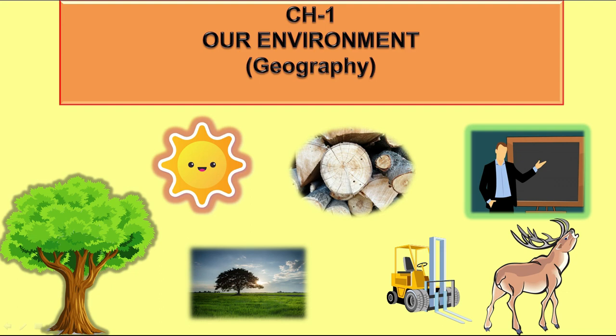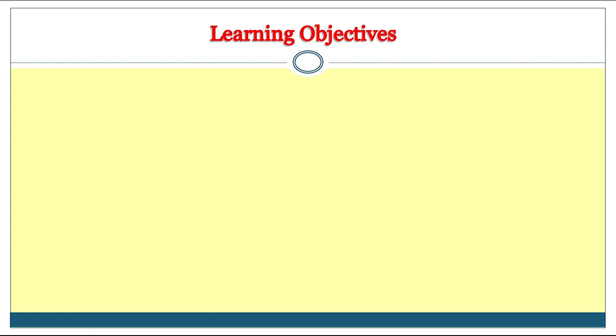Dear students, today we are going to cover the first chapter of the geography, that is our environment. In this we will study about the environment in detail. So let's start.